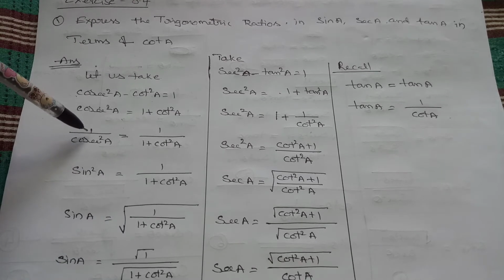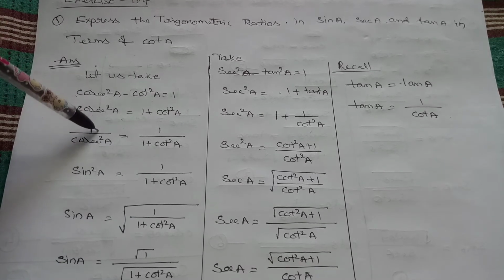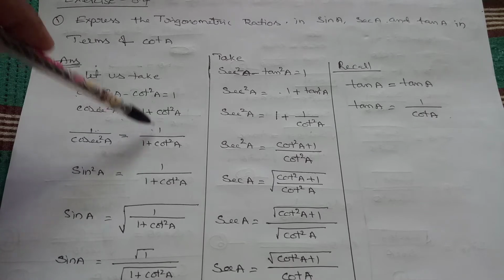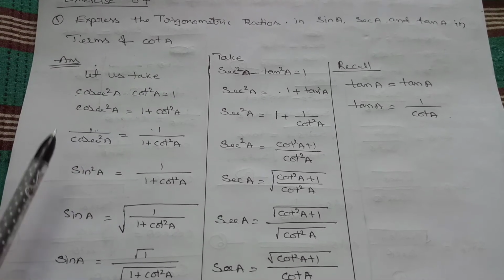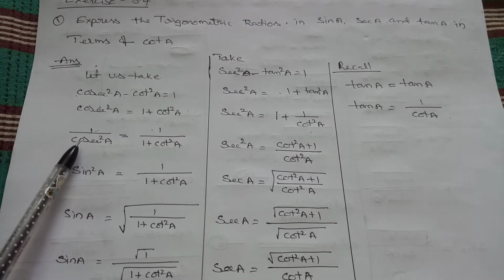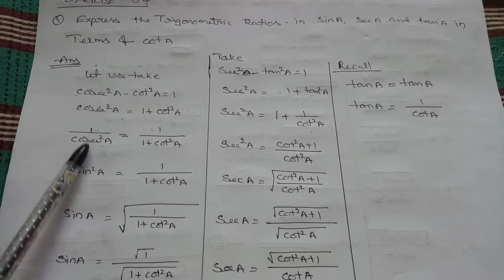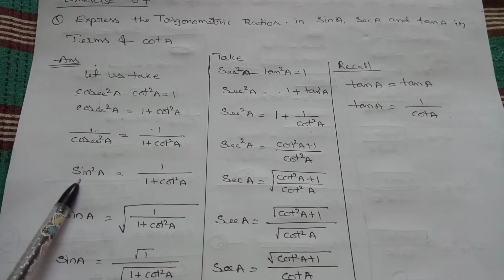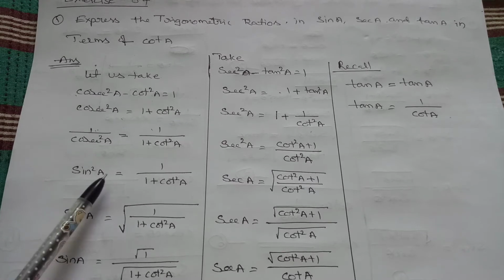And cosecant square A is equal to 1 plus cot square A. Now I am going to take the reciprocal on both LHS and RHS. So 1 by cosecant square theta is equal to sin square theta.